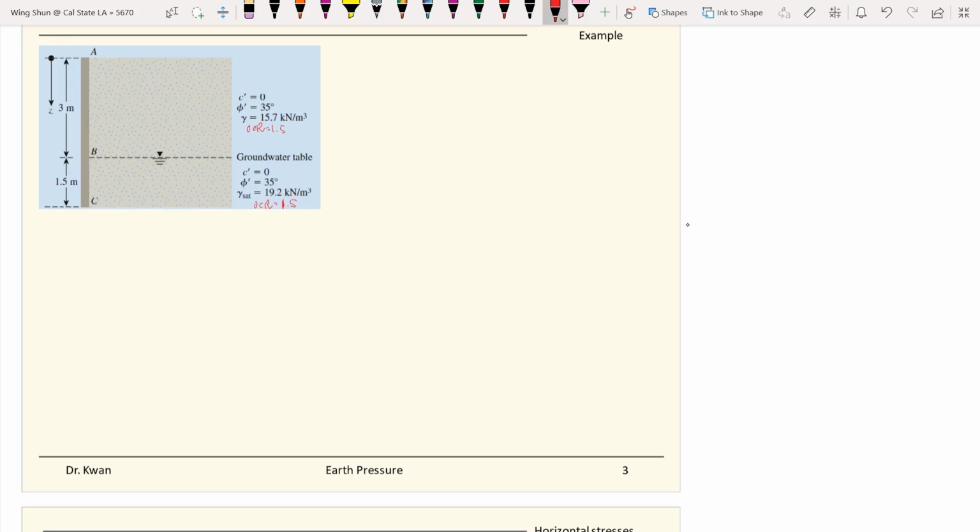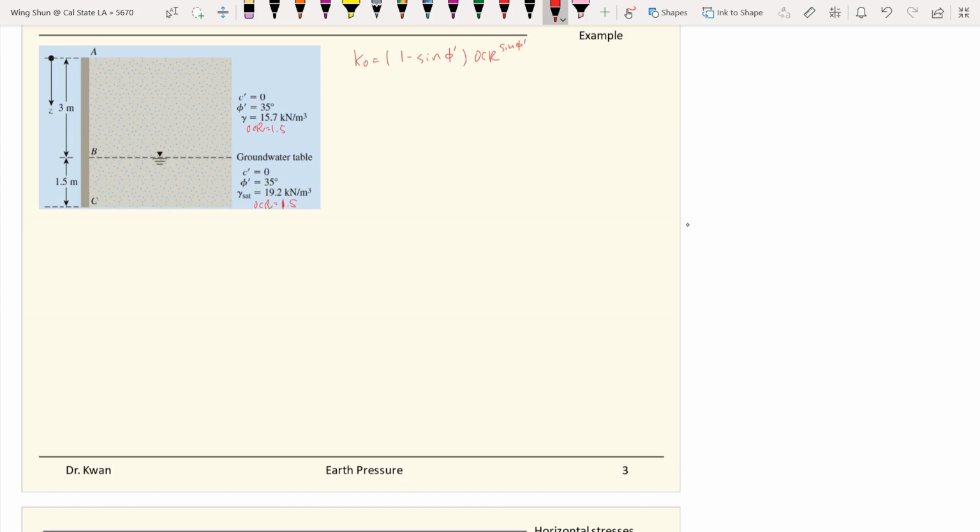Since we are designing for the K naught condition, first of all, let's calculate the K naught value. K naught will be equal to 1 minus sine phi times OCR to the power sine phi. Those equations we discussed in CE 366 and also CE 467, when we talk about soil mechanics in undergrad classes, about how to find K naught for the soil both at the normally consolidated state and also the overconsolidated state.